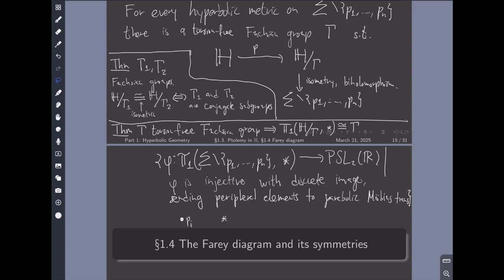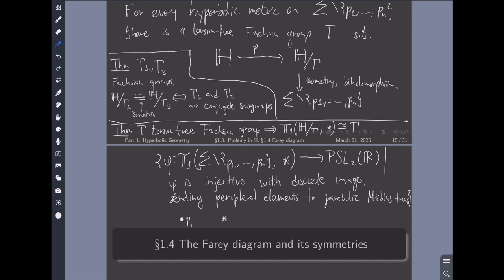You choose a parabolic transformation because those are the ones with a single fixed point. And then morally, this point becomes the fixed point of that parabolic, and in the projection becomes a point at infinity.